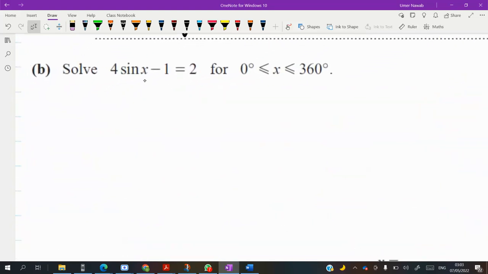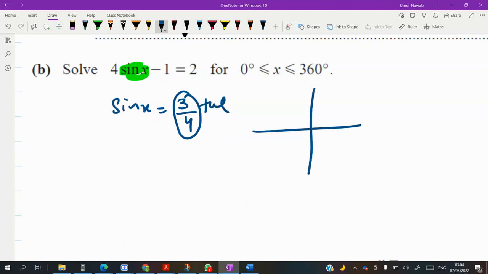Then, guys, we have to make sine x the subject, since it is a trigonometric equation. So I will make sine x the subject and send all the constants to the other side. -1 goes to the other side, becomes 3, and divided by 4. It's a positive number.